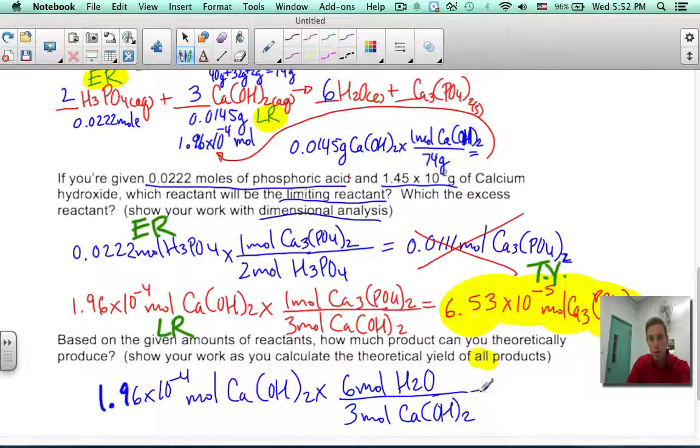So now my equation is a little bit harder in my calculator. I do the 1.96 times 10 raised to the negative 4, and I multiply that number times 6, and I divide it by 3, and therefore I get 3.92.